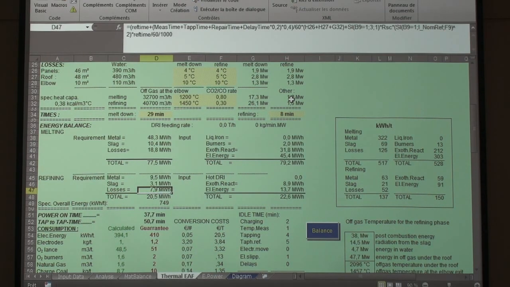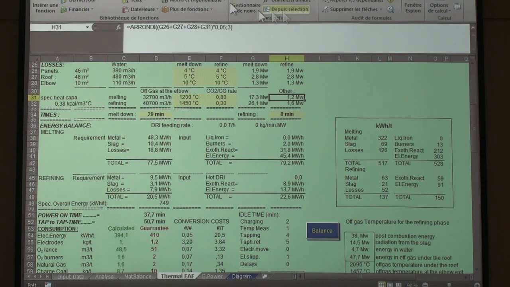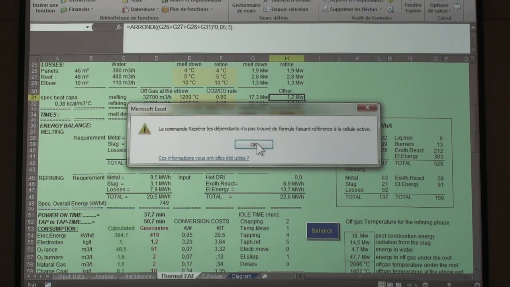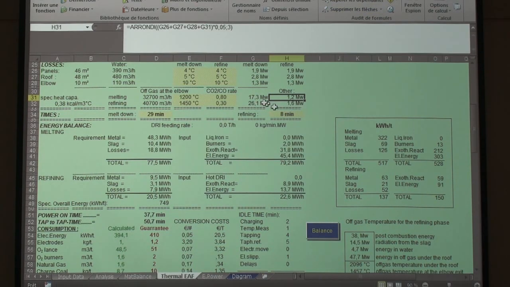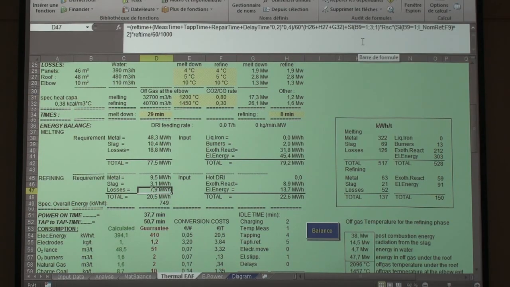I am missing this one here. So I have to reintegrate this one in the losses, because this is supposed to be the radiation of the lower shell, and I forgot to integrate it in the losses. Okay, doesn't matter. And then again the ohm losses in this case. But I don't have water to evaporate anymore. Water is gone after the melting phase.